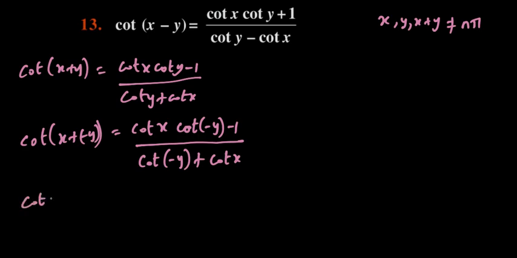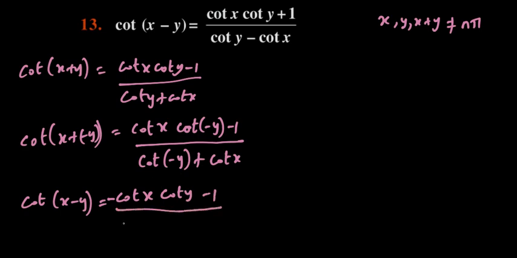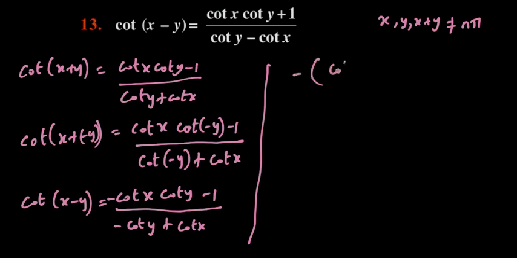So cot of x minus y is cot x cot of minus y minus 1, divided by cot of minus y plus cot x. Cot of minus y is minus cot y, so we will get a minus sign here: cot x cot y minus 1 divided by minus cot y plus cot x. In the numerator, both terms have a negative sign. So if we take the negative sign common outside, we get minus of cot x cot y plus 1.